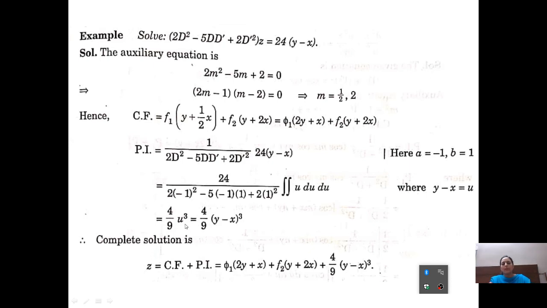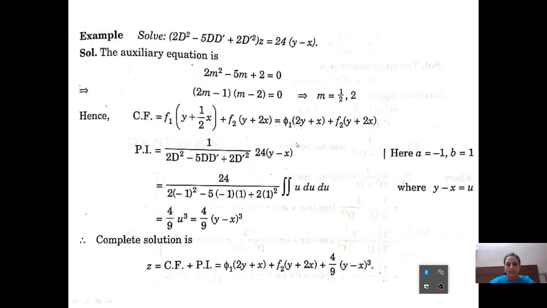Finally, we place u back in this term that was assumed previously, and this is the particular integral part of this question. The final general solution can be written as the sum of CF and PI. CF is this part and PI is this part. So this is the complete solution of this question.